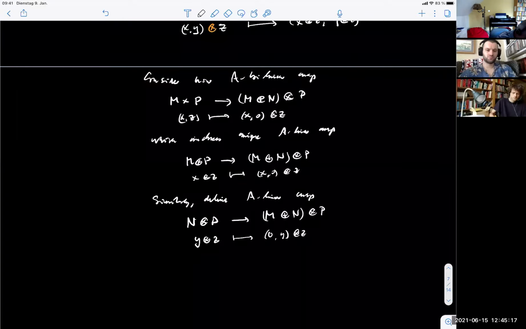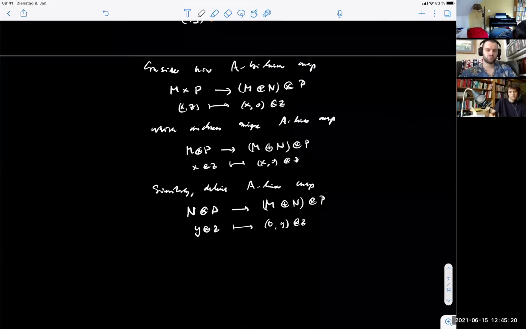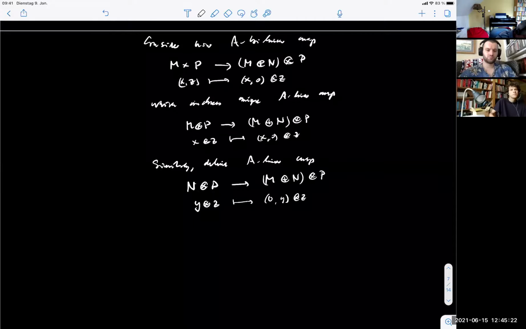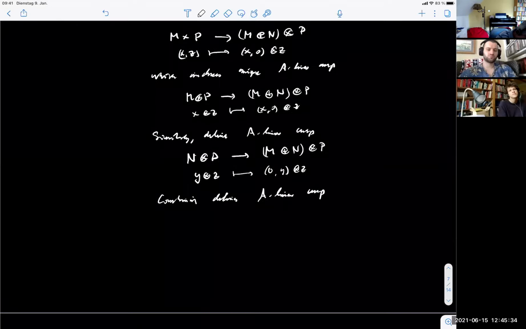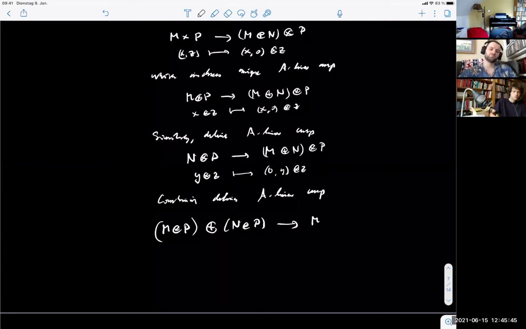Now I combine those two maps. Combining defines the A-linear map. What will it be? M tensor P direct sum, let's put maybe parentheses for the sake of clarity, and here same as before. So this I will call beta.